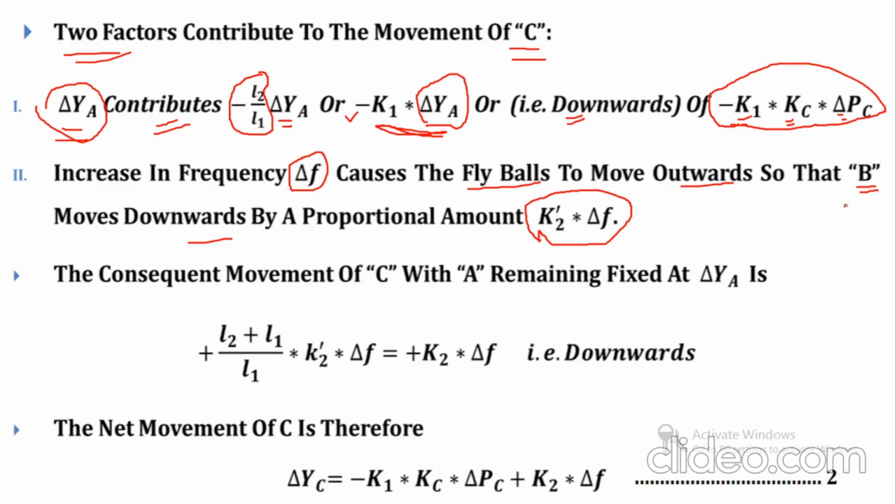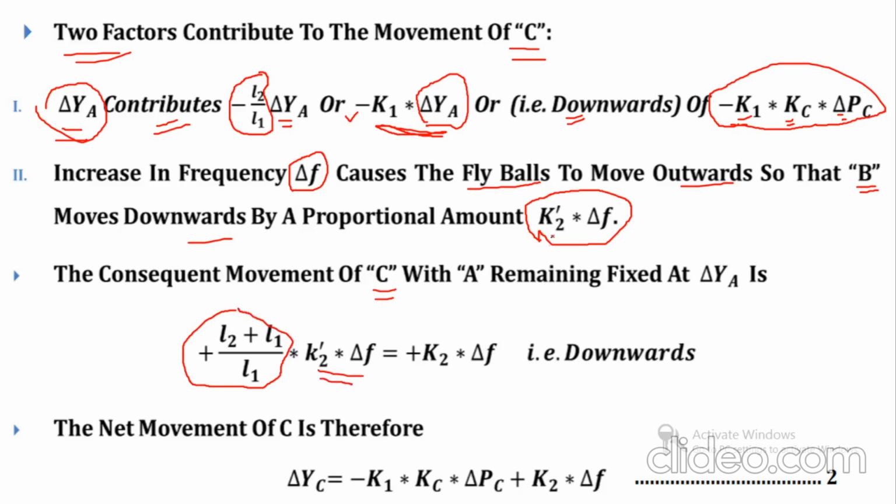So this point A and B has the effect on point C, and that is equal to the proportionality constant of (L2 plus L1) by L1 into K2 dash into delta F. Clear?